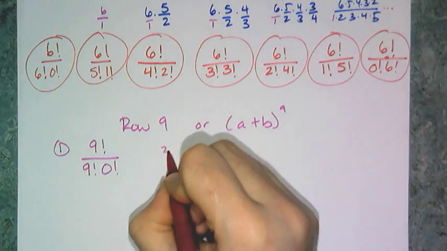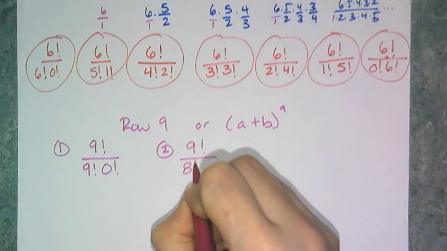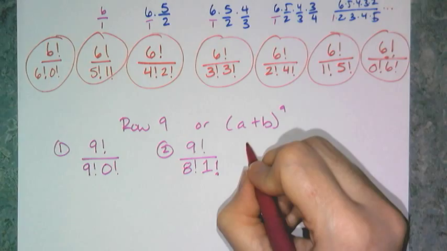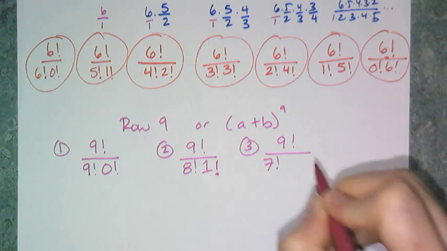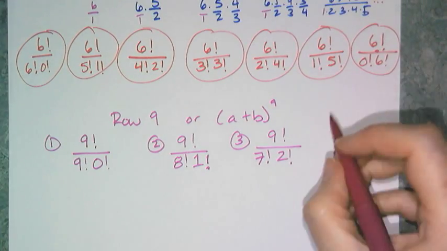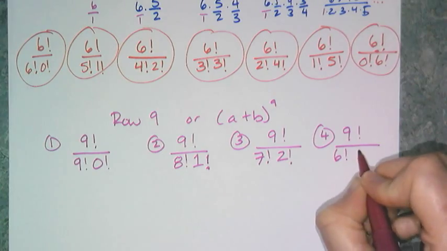And then the second number in the row is going to be 9 factorial over 8 factorial 1 factorial. And the third number in the row is 9 factorial over 7 factorial 2 factorial. And then the fourth number in the row is 9 factorial, 6 factorial, 3 factorial.